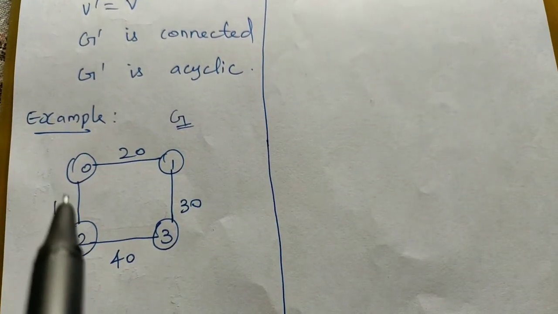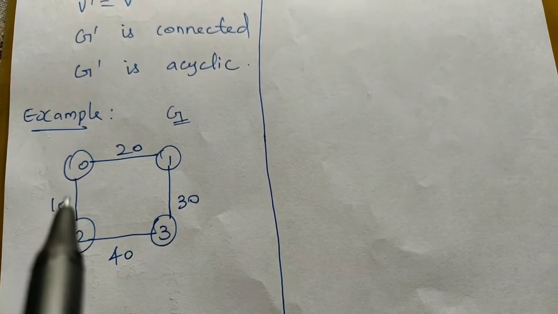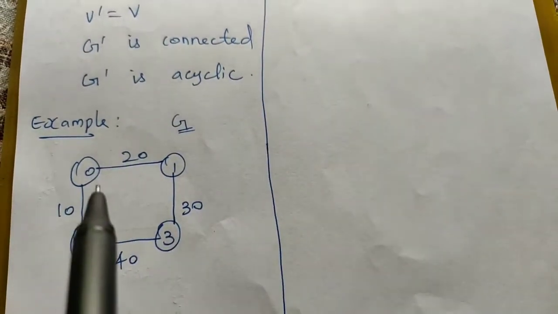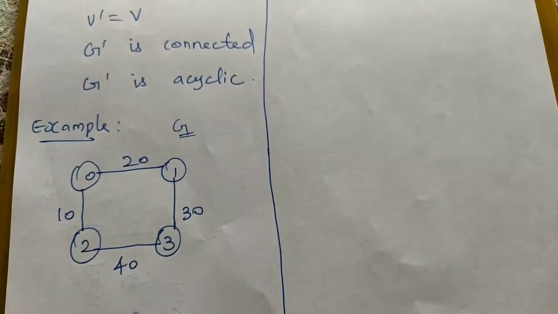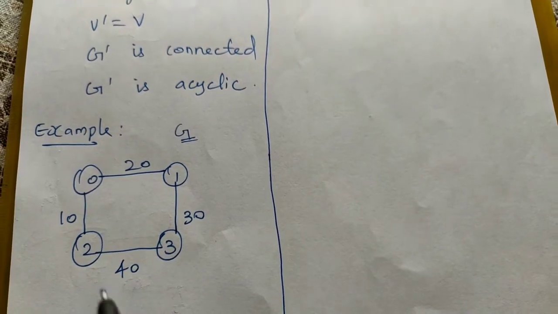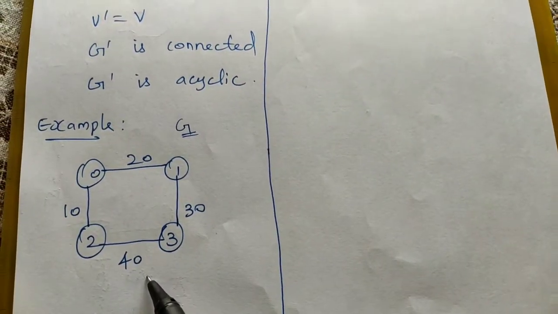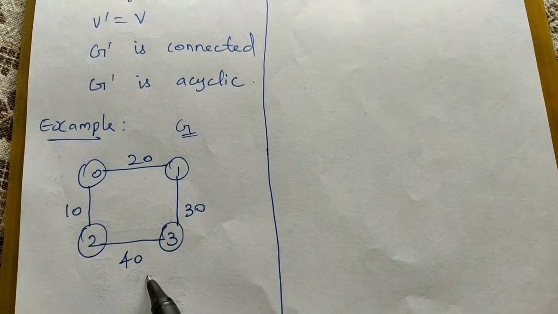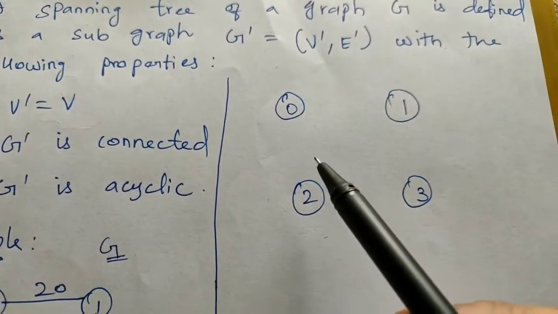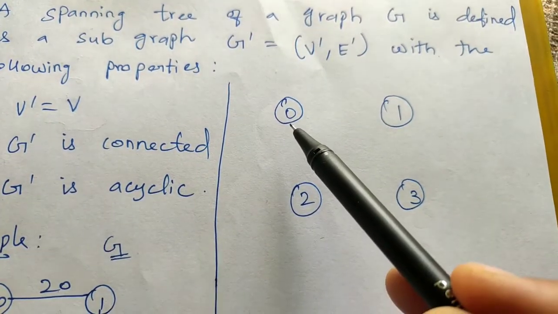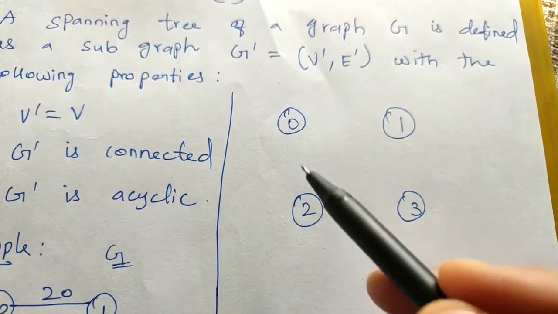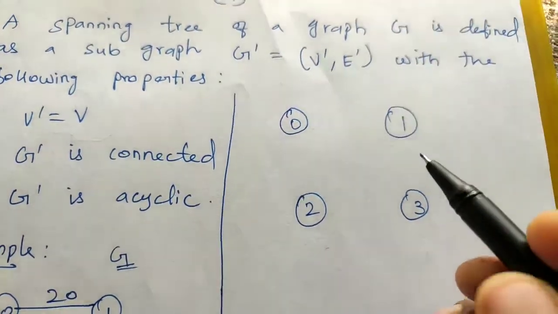I gave the definition of a spanning tree as a subgraph of a graph G with all the vertices connected together without forming a cycle. For this graph, I am going to construct a few spanning trees without forming a cycle. Consider the 4 vertices of the graph, 0, 1, 2, 3, and connect all the vertices without forming a cycle.